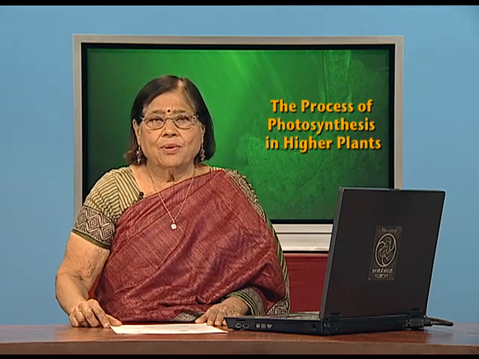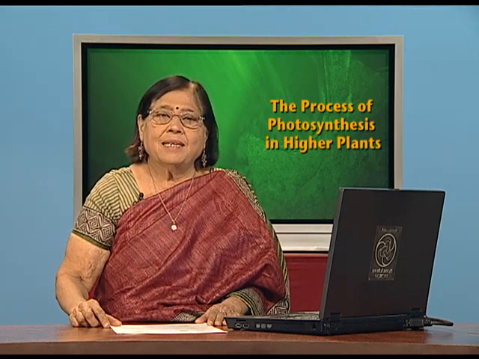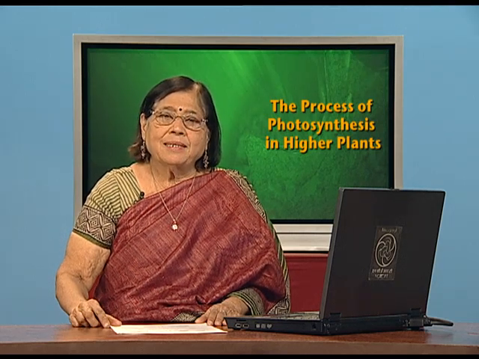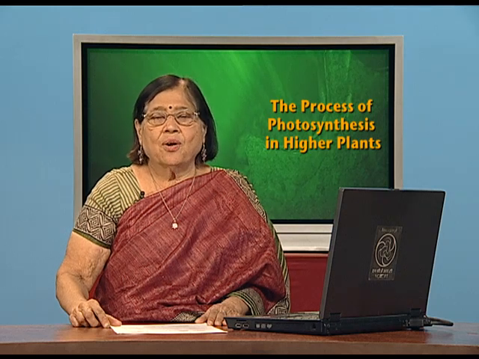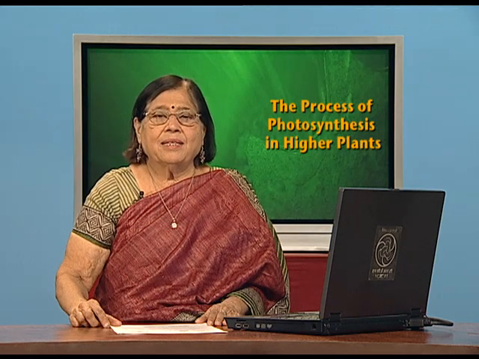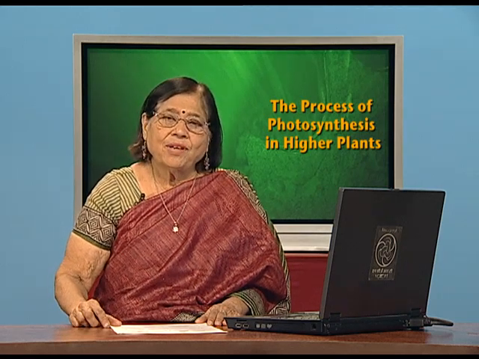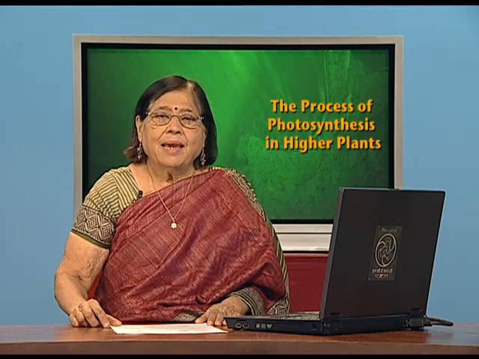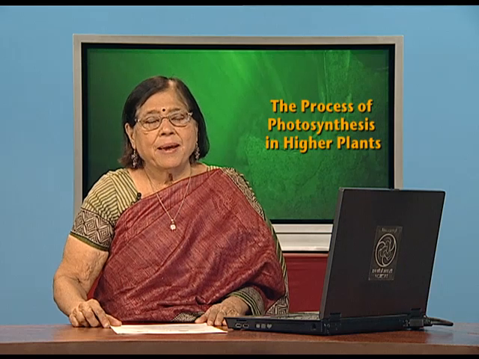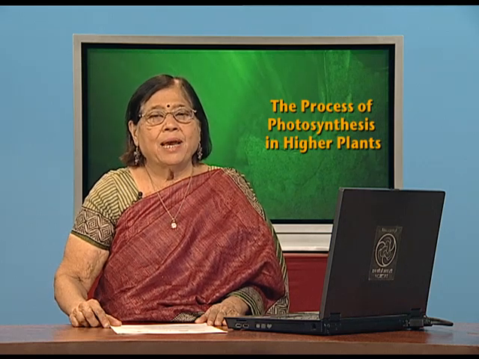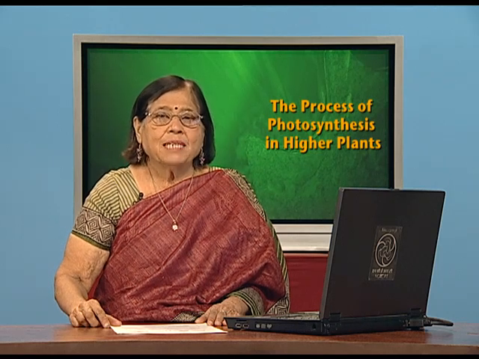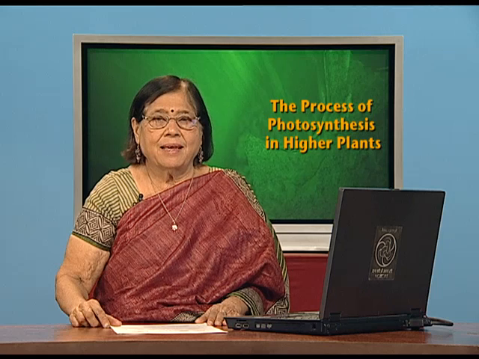Coming back to chlorophyll, the important pigment for photosynthesis, it is present in a structure called chloroplast. We know that in the leaves there are mesophyll cells in which we have chloroplasts, and these chloroplasts have chlorophyll. They have the capacity to orient or align themselves in the leaf so that they get maximum sunlight when the sun is there.